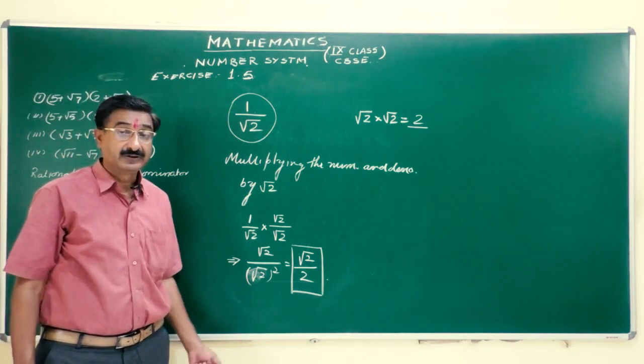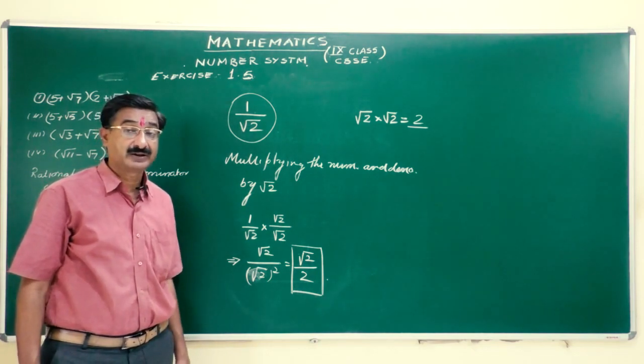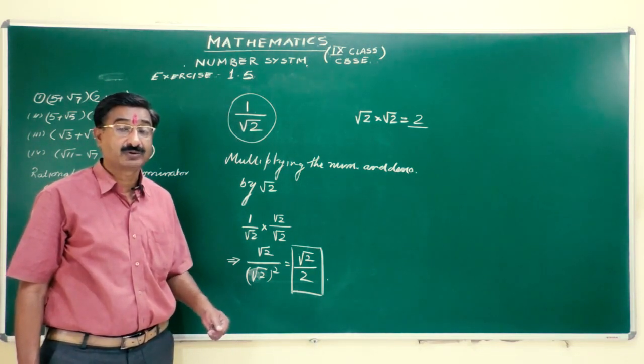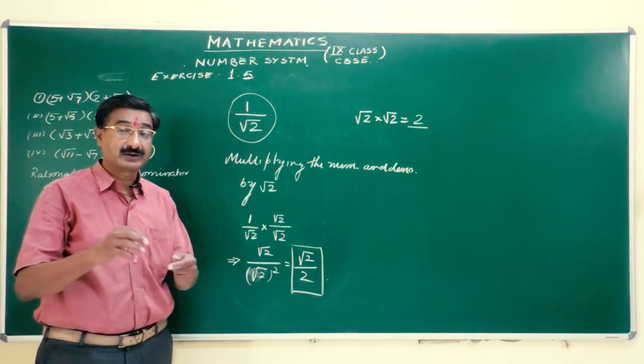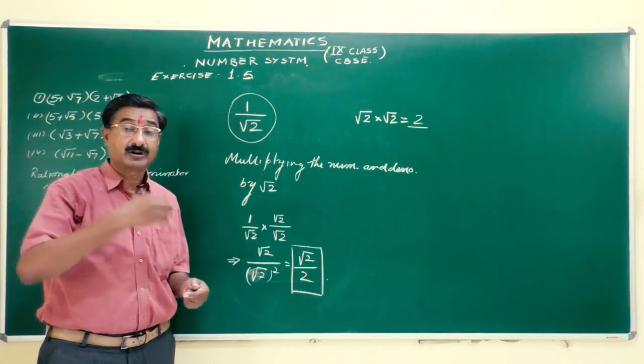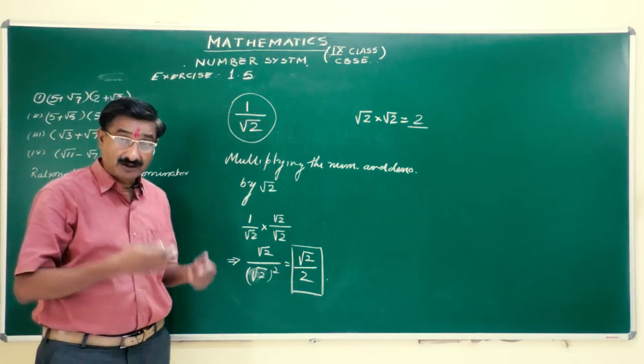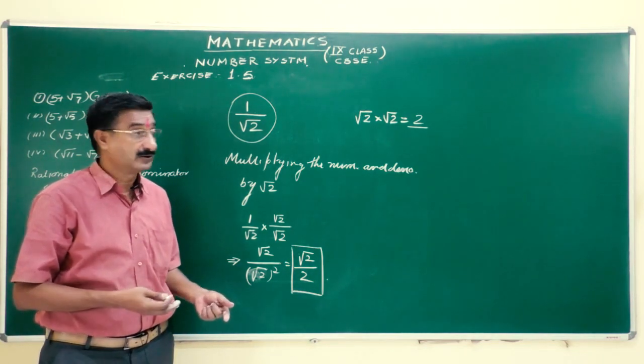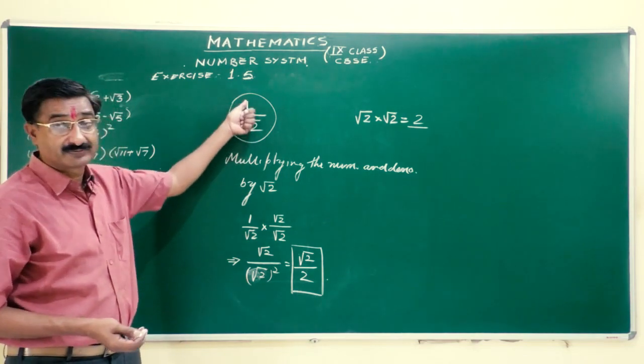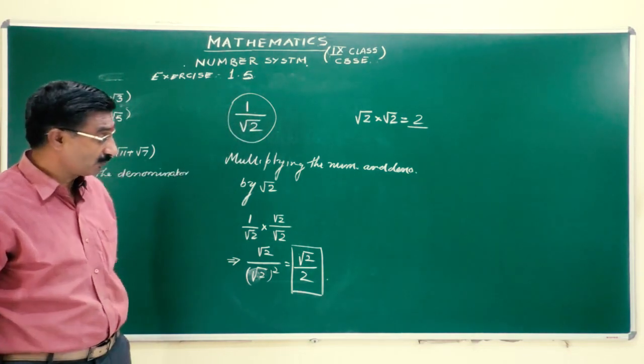You will substitute the value, 1.414, 1.2412 or something. It will not be repetitive, but it will be non-repetitive and non-terminating. So you cannot divide 1 by under root 2.